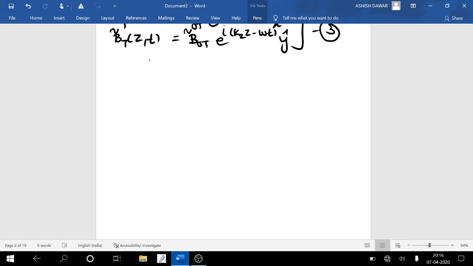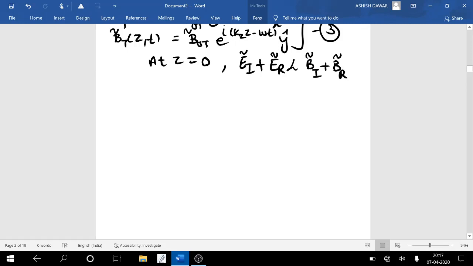So at z equals 0, the combined fields on the left, that is EI plus ER and BI plus BR, must join the fields on the right, ET and BT, in accordance with the boundary conditions.